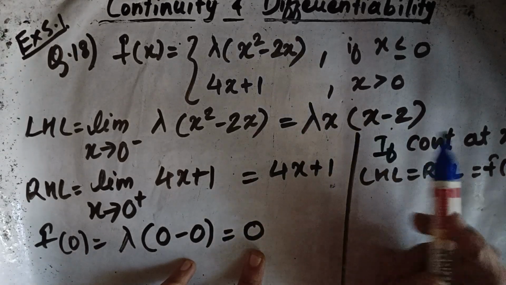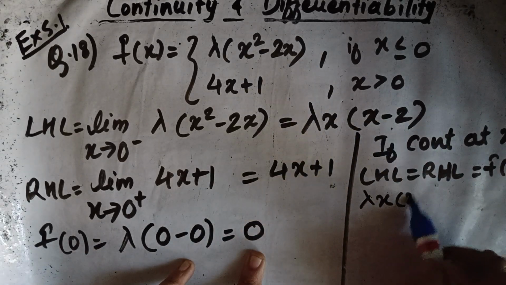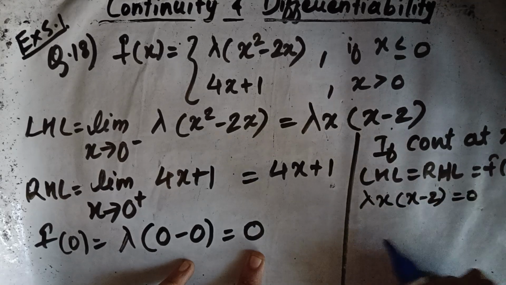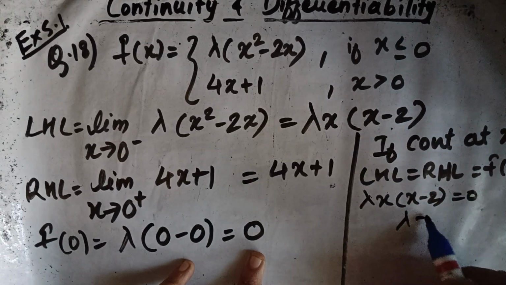So if I equate it to 0, x into lambda x minus 2 is equal to 0, then this is also 0.